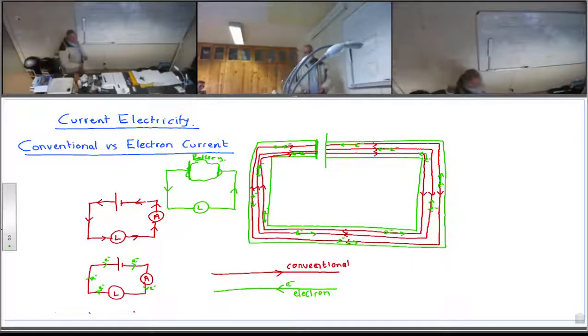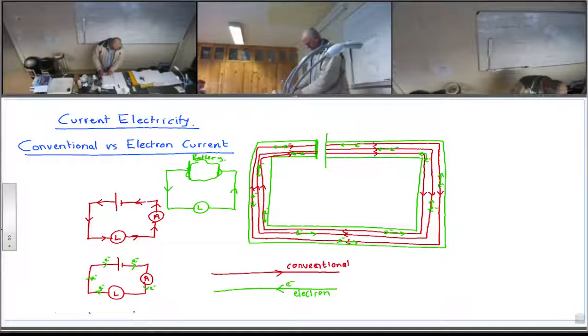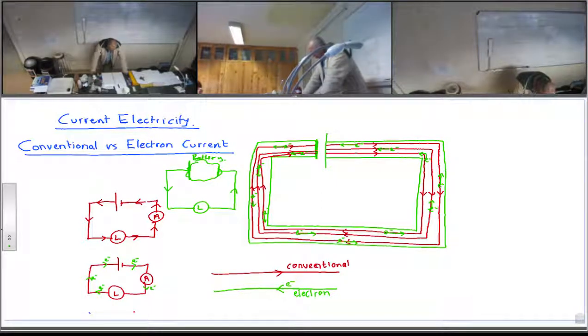Let's just read through those notes. And in your notes, I've said, note that's an N, not a C. It comes from the fact that that was decided at a scientific convention. Right, that's why it's called conventional current. Conventional current is not really what happens.